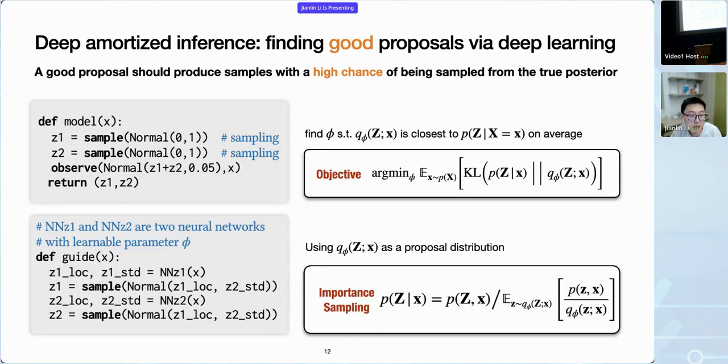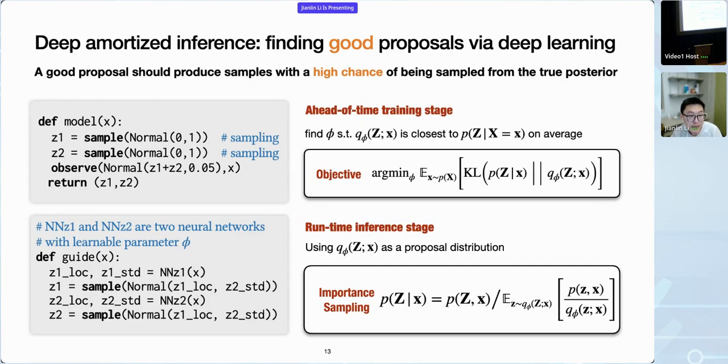A modern deep learning framework can be used to minimize this objective, the expected KL divergence from the true posterior to the proposal. Training is actually amortizing over the space of observations. And this inference algorithm generalized from importance sampling is called deep amortized inference.